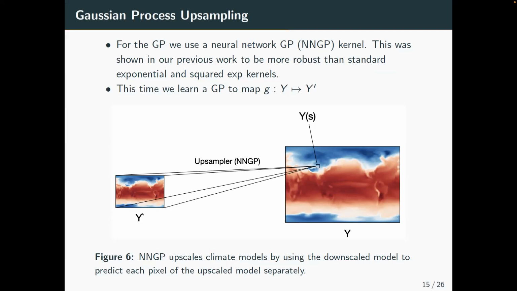What that means is you have one Gaussian process that maps this whole field to one pixel, and then another Gaussian process that maps to the next pixel. The key is that the kernel functions of those Gaussian processes all share the same parameters, so you only have to learn one parameter set. And then you can just apply it, and in just one matrix multiplication, you get your entire field.